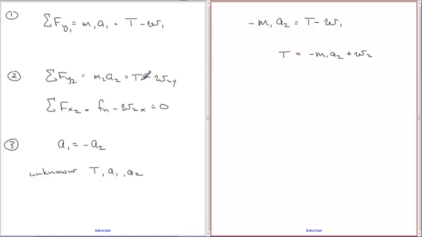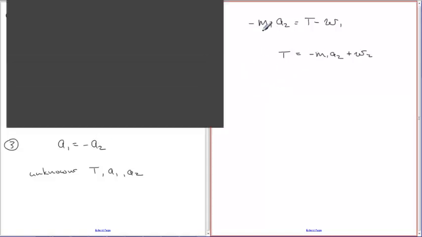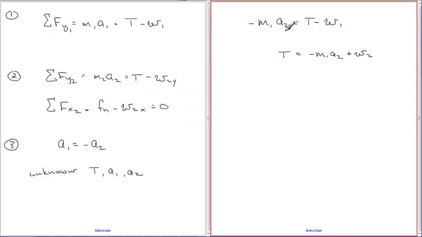Okay, and then I can substitute into this one. So I substitute this into there to get that equation, and then I'm going to substitute in there.